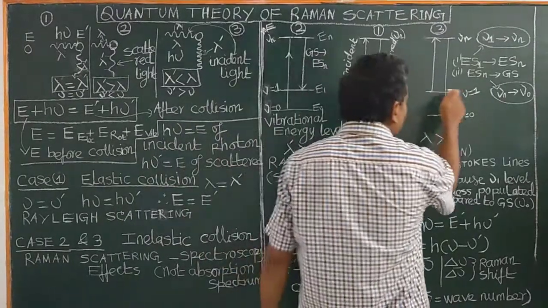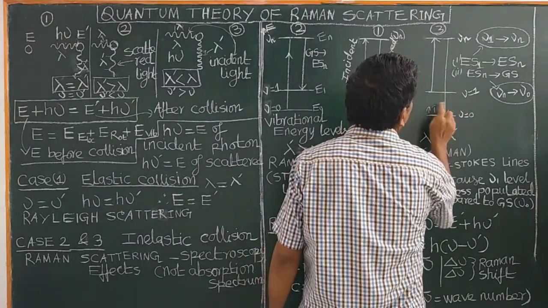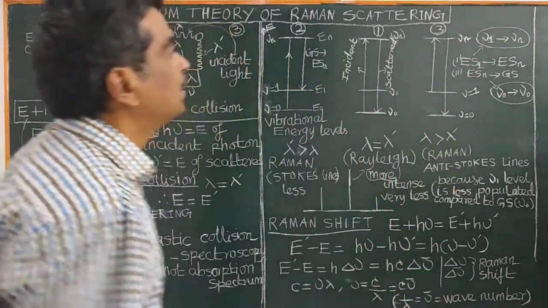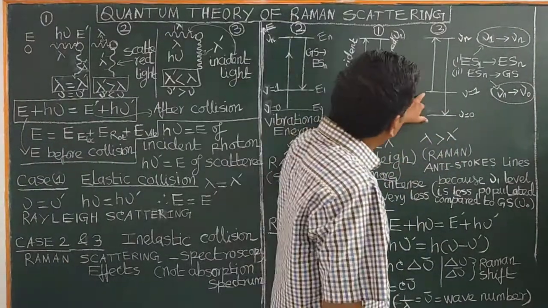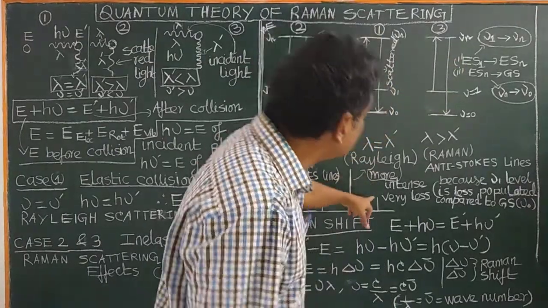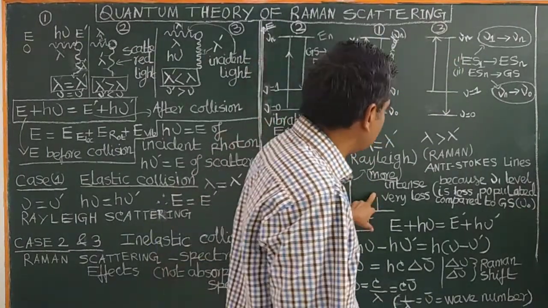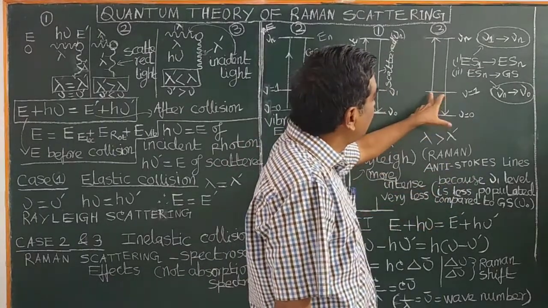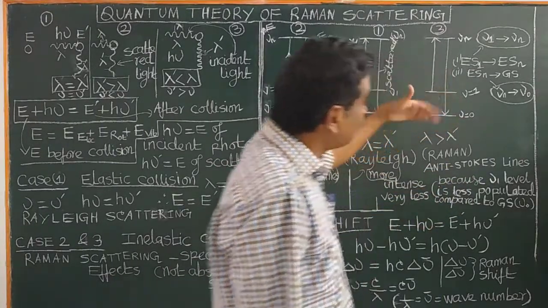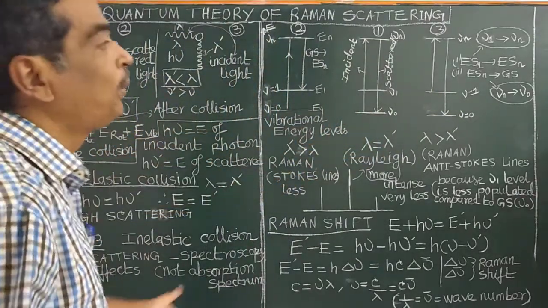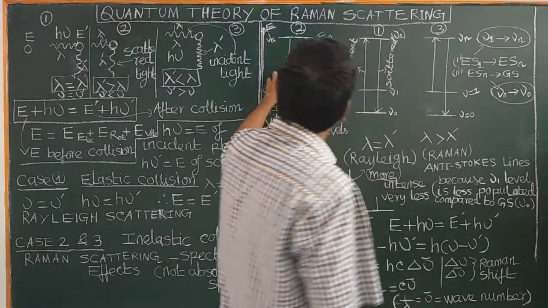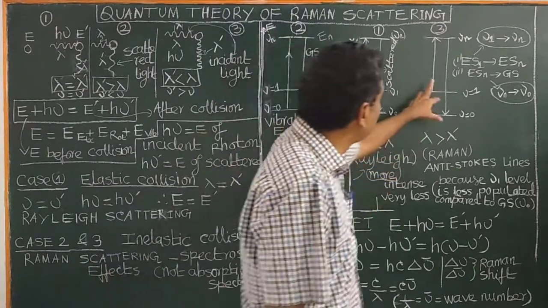So very few molecules will be in the excited state, and a lot of molecules will be in the ground state. Therefore, the anti-Stokes lines are less intense, because the first excited level is less populated compared to the ground state. Therefore, this line is more intense and this line is less intense.